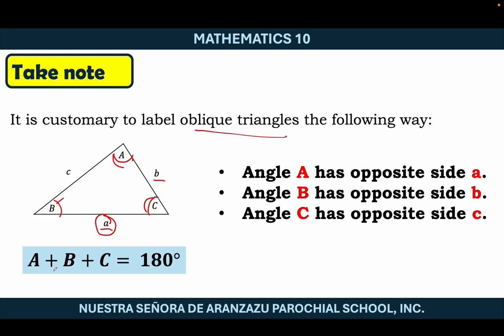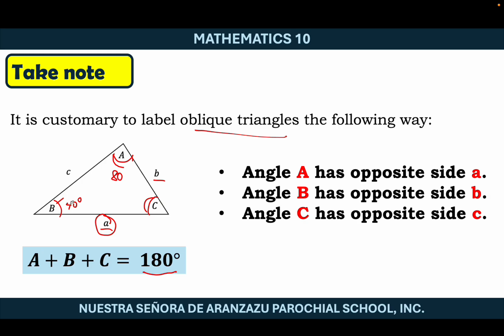Then, please take note that the sum of the interior angles in a triangle is equal to 180 degrees. So, for example, your angle B is 40 and your angle A is 80. What would be the measure of angle C?